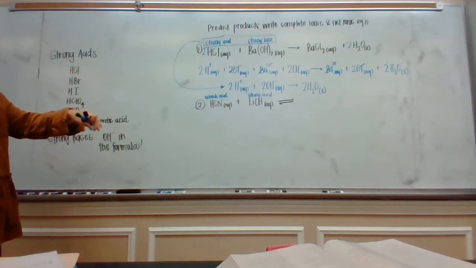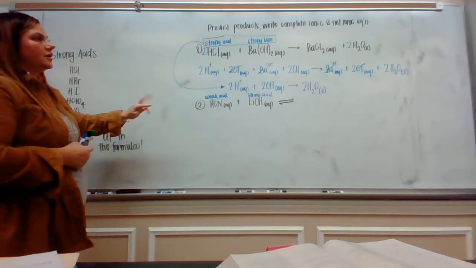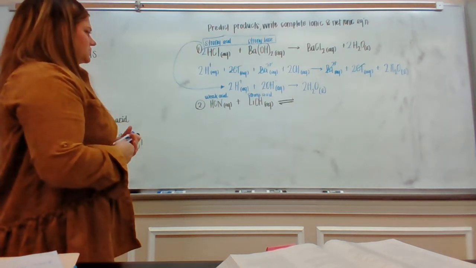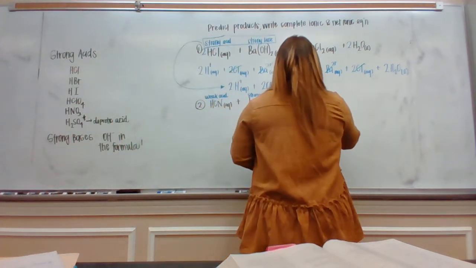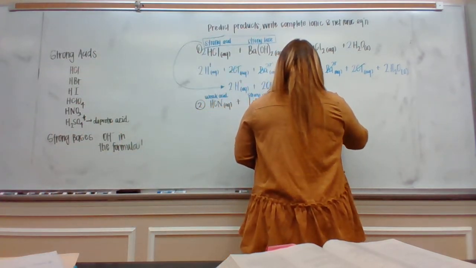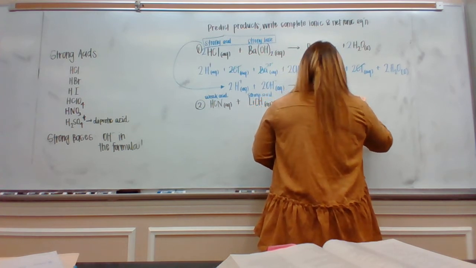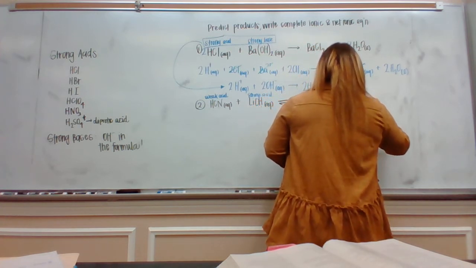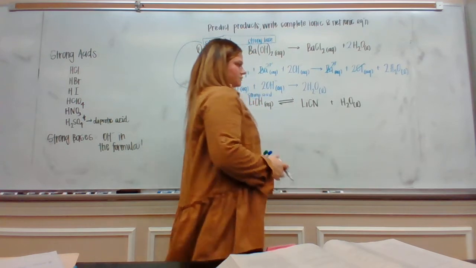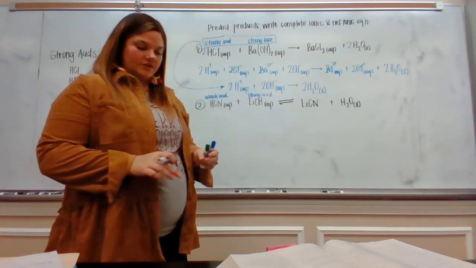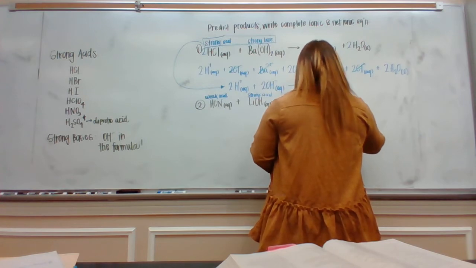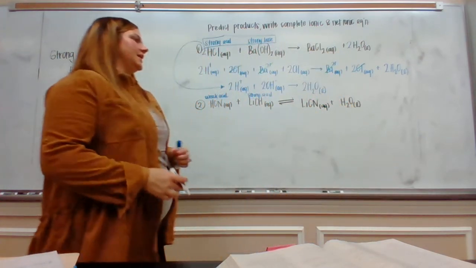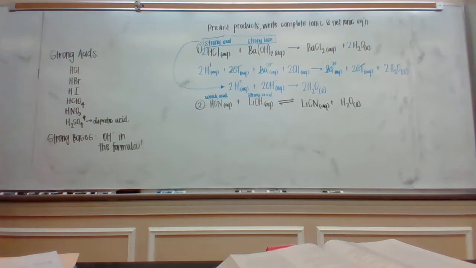The only changes we're going to make is in our complete and our net ionic equation. So let's go ahead, predict our products. Lithium with anything is soluble. So I have lithium cyanide and water as my products, and it is balanced.